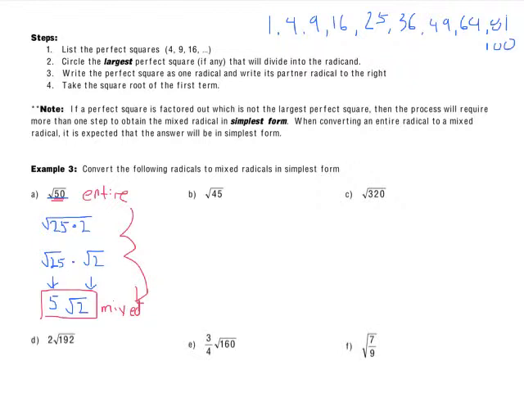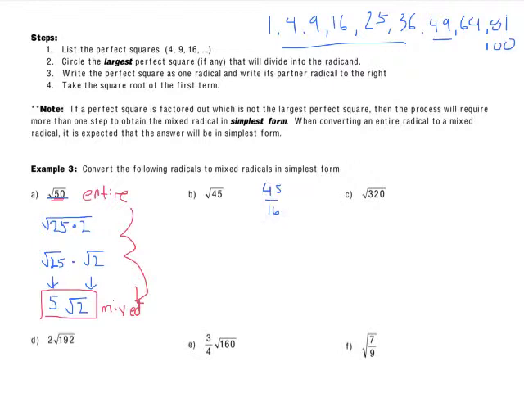Okay. And the square root of 45, again, the first step is ask yourself, what is the highest perfect square that goes into 45? Well, if I look at my list up here, clearly 49 does not go into 45. It's too big. 36 is also too big. 25 is not too big, but it doesn't go into 45. 16 does not go into 45. And if you can't figure out whether any of these is a factor of 45, you can just go on the side here, 45 divided by 16.